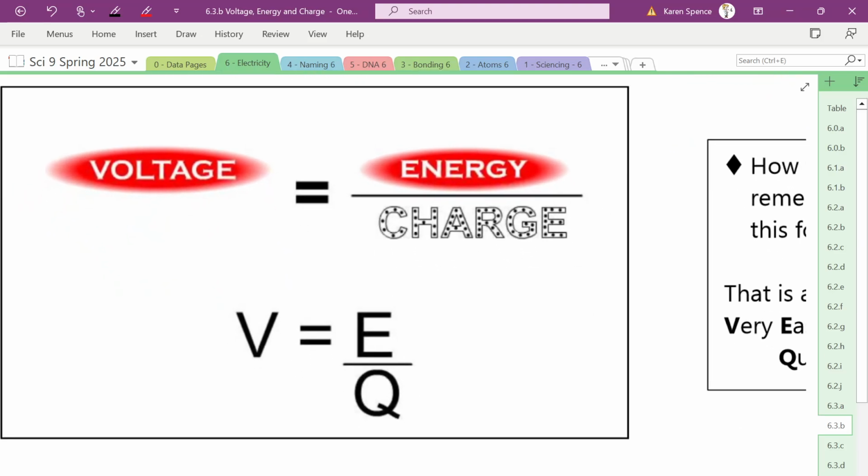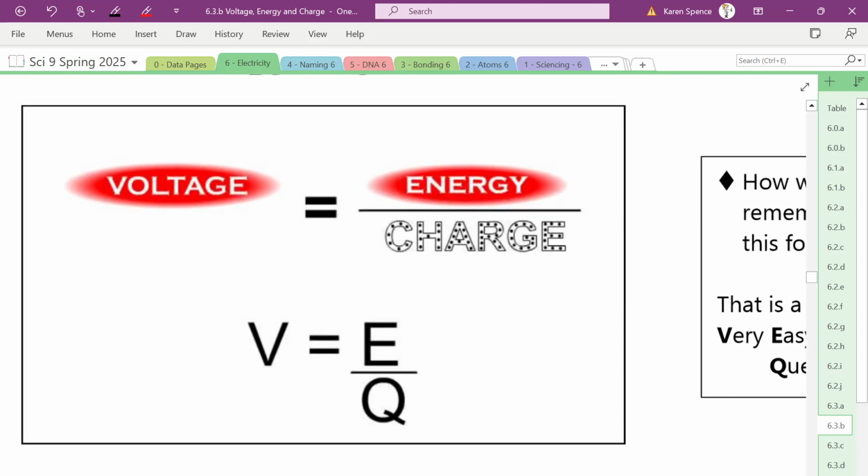We can take this process and generalize it, and we get a new equation: voltage is equal to the energy over the charge. So V equals E over Q. E stands for energy, and Q stands for charge. If you want to memorize this, we already have the I quit formula.